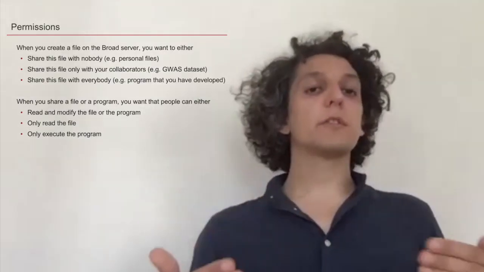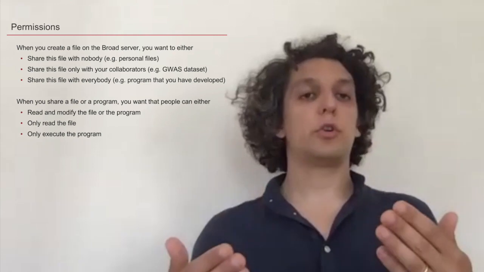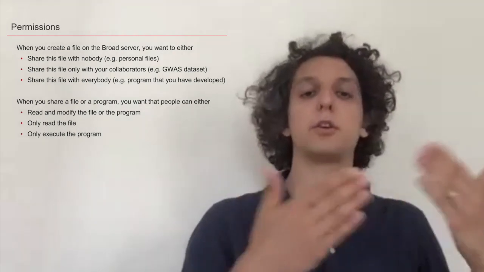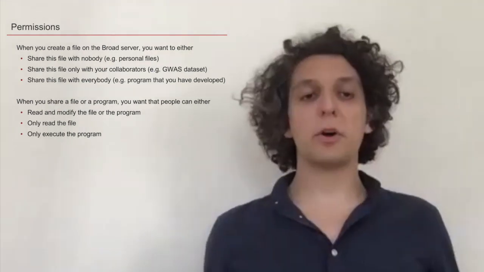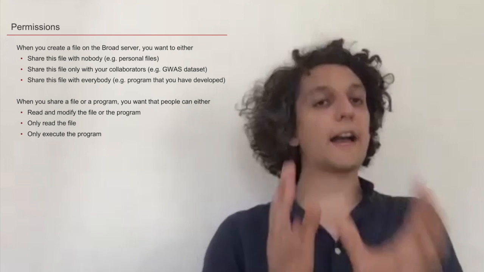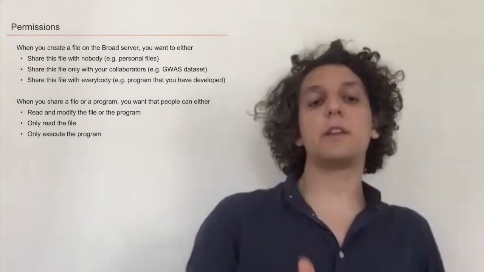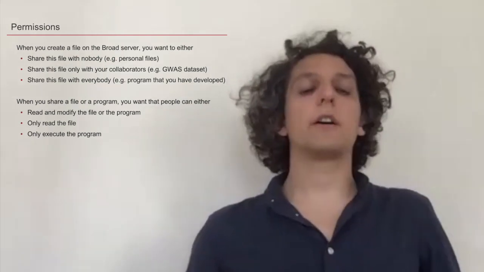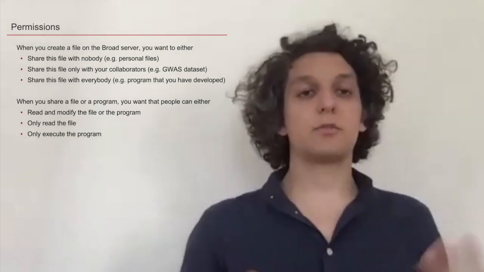So permissions are a way to define who you are going to share the files or directories with, either only you, only your collaborators, or everybody, and then what kind of actions these collaborators can do. Is it only reading? Is it only executing?